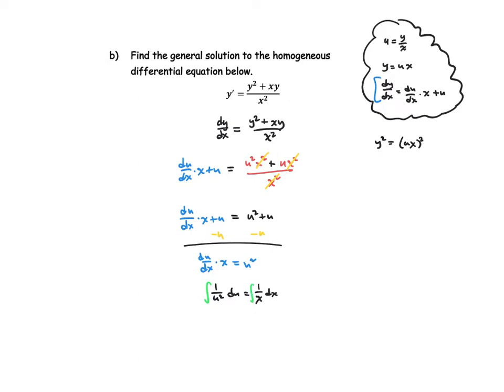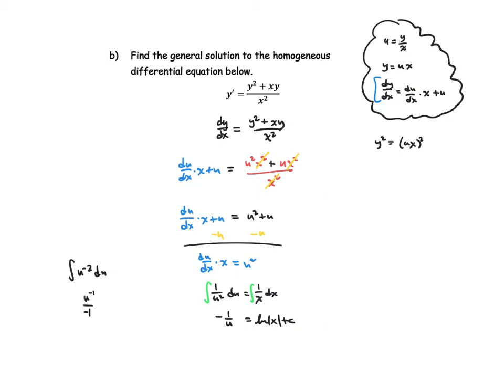The antiderivative of 1 over x is natural log of x plus c. The antiderivative of 1 over u squared, if I were you, I would write this as u to the negative 2 du. So I'm going to add 1, so that'll be u to the negative 1 over negative 1. So I would write that as negative 1 over u.